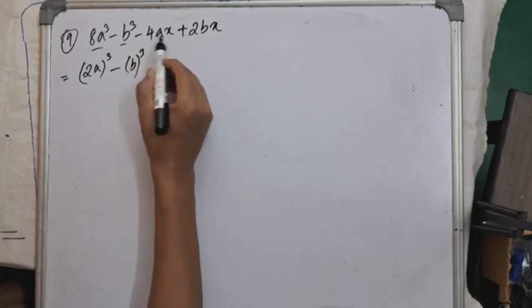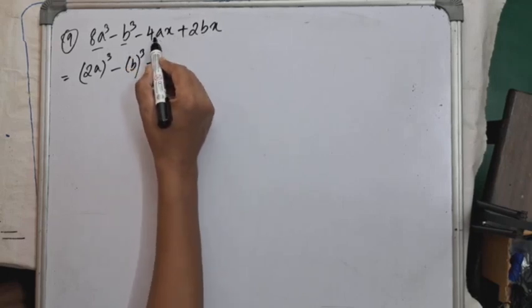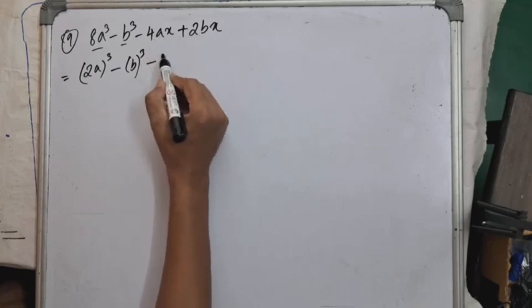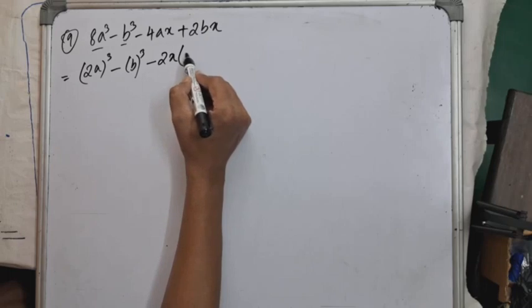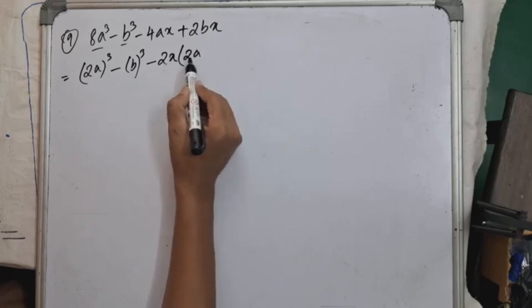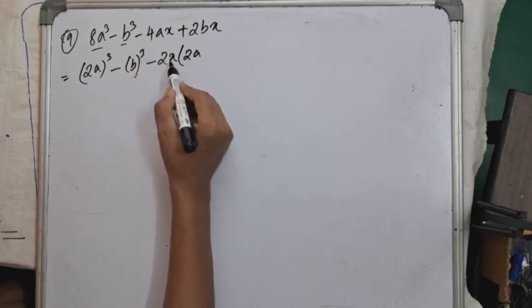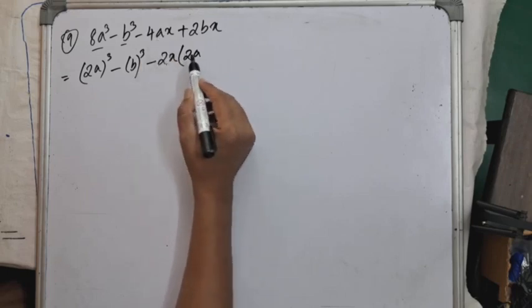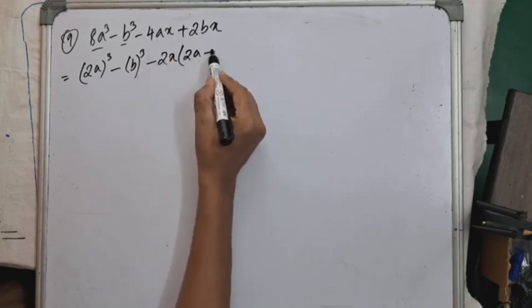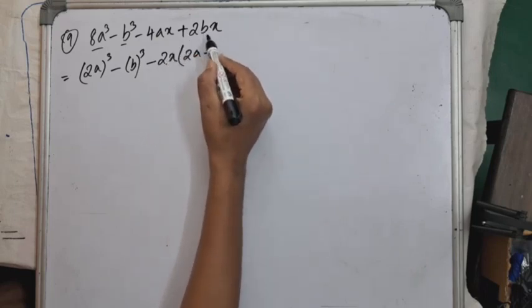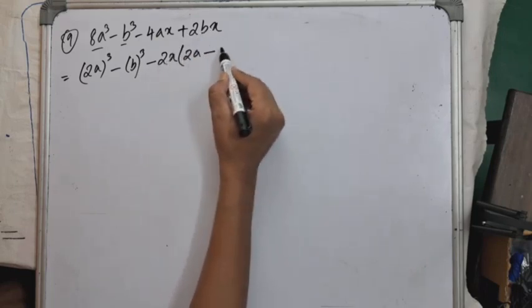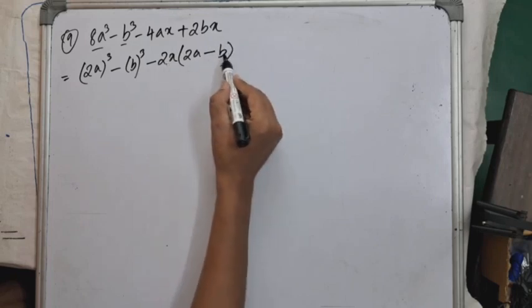From these two terms, this minus we write here, we take 2x as common. Now 2x into 2a, 2 2s are 4, x into a is ax. Okay, minus into minus is plus, 2x into b is 2bx.